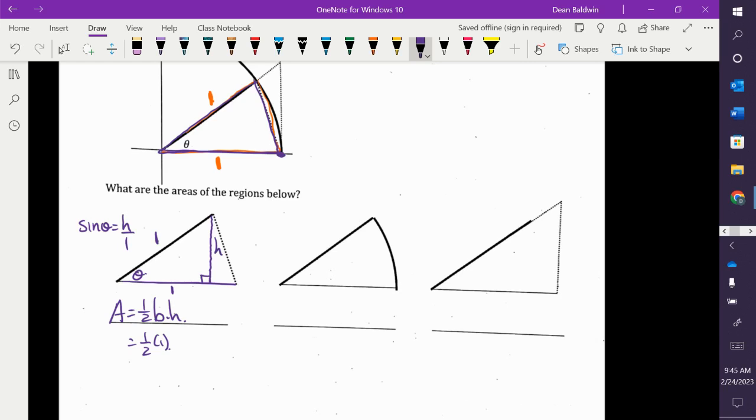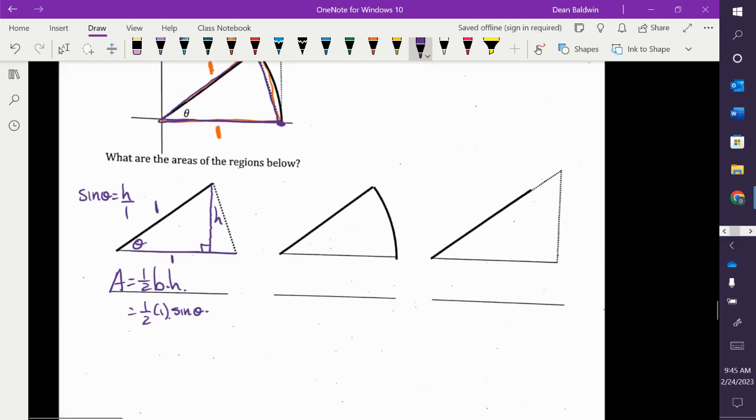So in other words, h is equal to sine theta. Does everybody see that? Because it's just a 1. So instead of writing h here, I can just write sine theta. So now the area of that triangle is sine theta over 2. Okay, we'll just leave that for a sec.